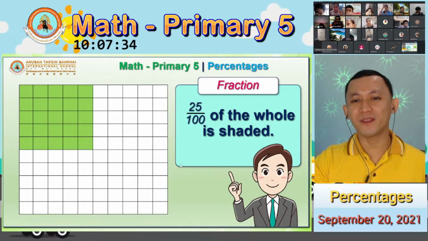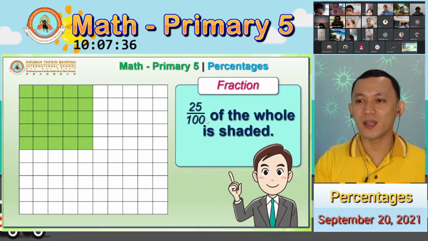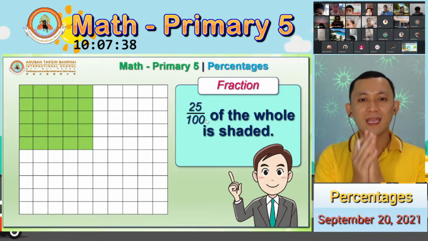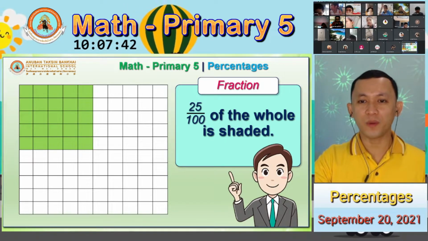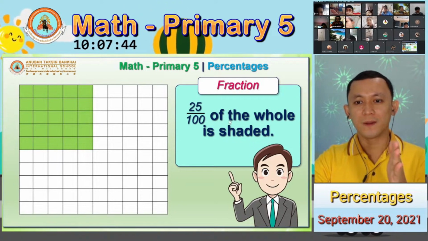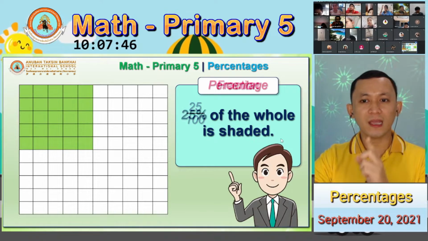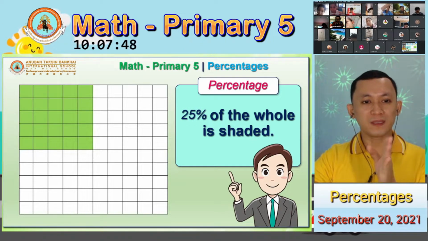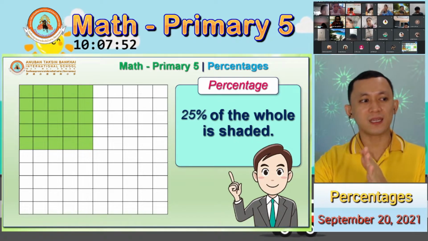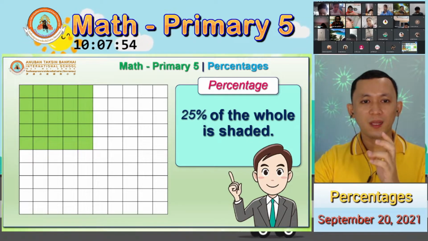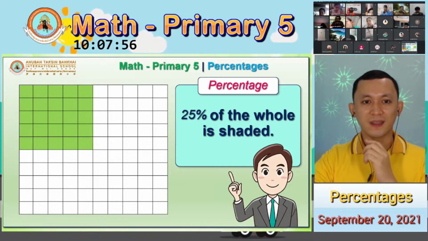So again, 25 over 100 of the whole is shaded. So 25 over 100, that is in fraction. Now, if we're going to write it in percentage, we can say that 25% of the whole is shaded.